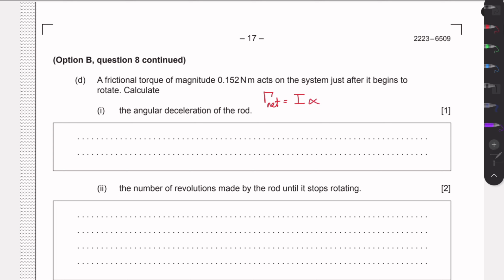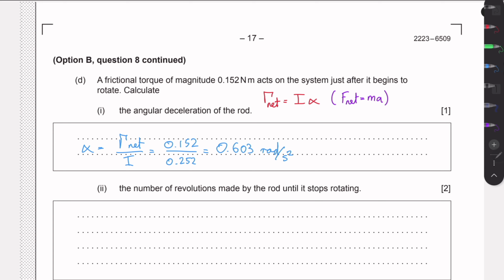This has a parallel to F net equals ma from mechanics. So, we know our torque, we know our moment of inertia, so our deceleration will just be net torque divided by moment of inertia. And so that will be 0.152 divided by 0.252. So that's 0.603 radians per second squared.